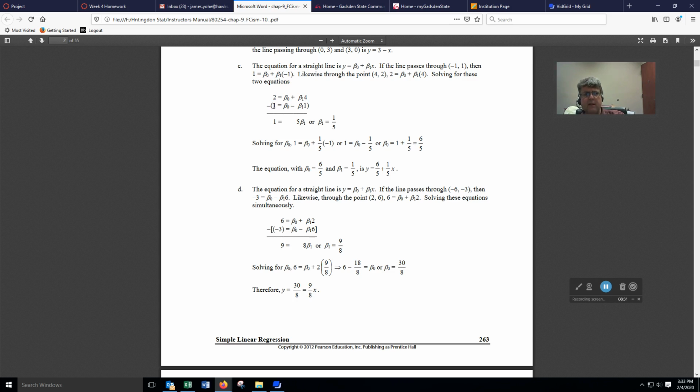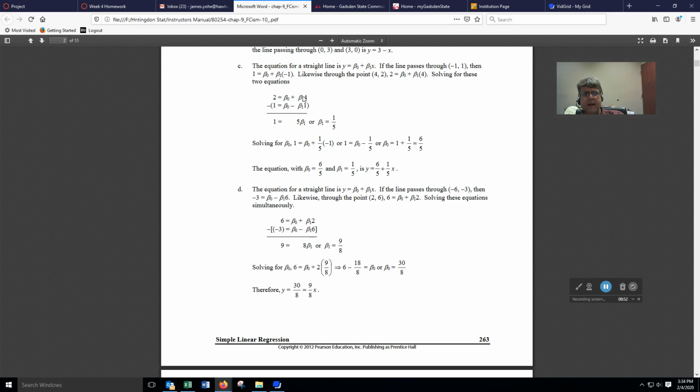So I've got negative 1 times 1 equals beta 0 plus beta 1 times 1, because that line passes through the point x equals negative 1, y equals 1. So 2 minus 1 is 1. Beta naught minus beta naught is 0.